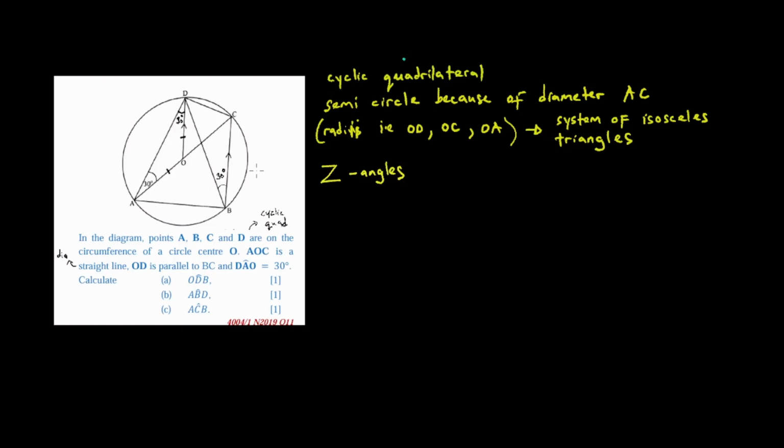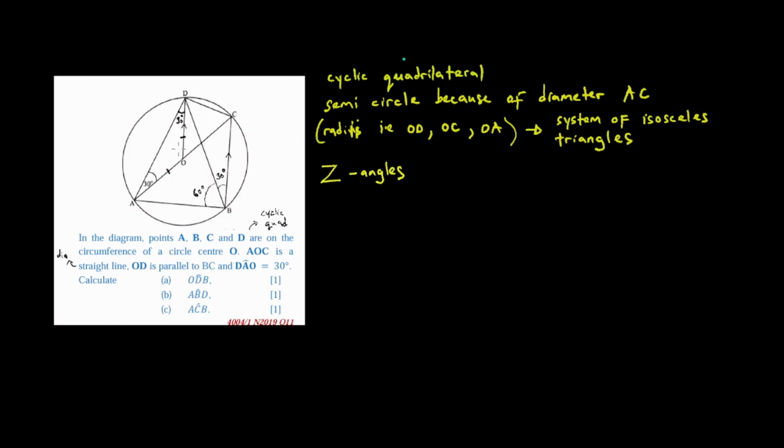Do you see? Alright, but we also see here that AC is a diameter running through O. It means this should be a semicircle. So if this one is 30, angle in a semicircle is 90. It means this point should obviously be 60, and 30 plus 60 plus 90. So this is 60 degrees.